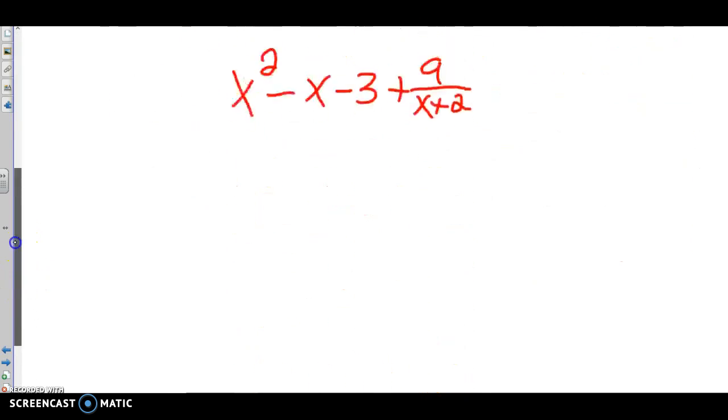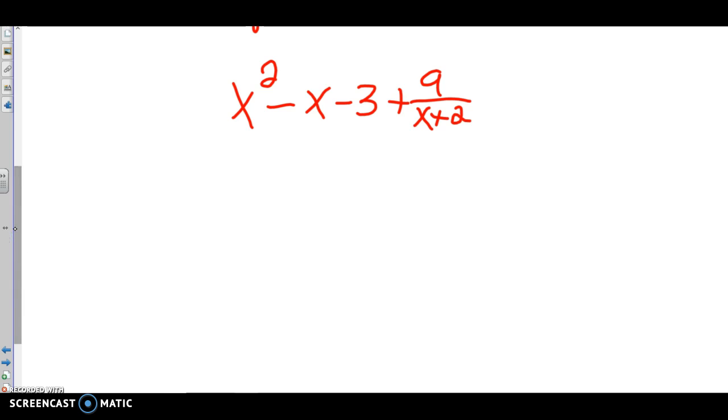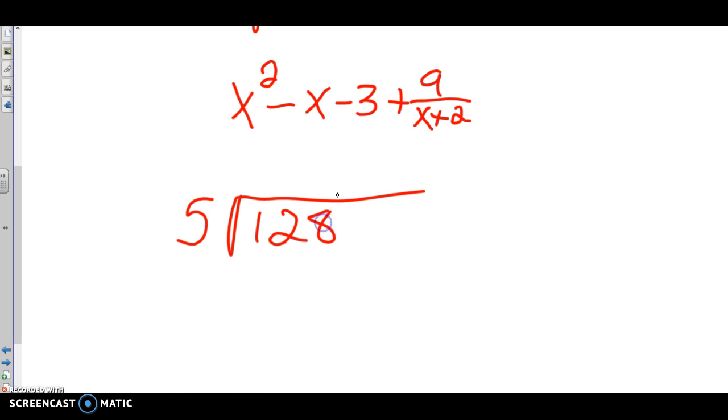So it may seem a little weird, but if I do this numerically, 5 goes into 128. 5 goes into 12 twice. Multiply. Subtract. 5 goes into 28 5 times.